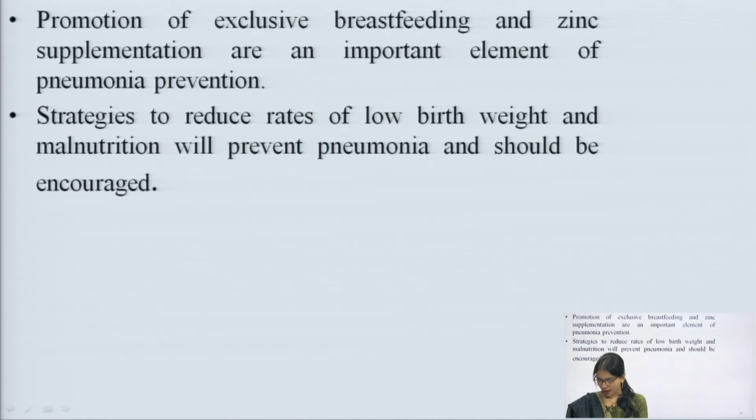And vaccination, use antibiotics like cotrimoxazole. You have to use antimicrobials if the person is suffering from ARI, acute respiratory tract infection. The best method is vaccination. If the person is vaccinated, it is one of the most important parameters to prevent and control ARI.